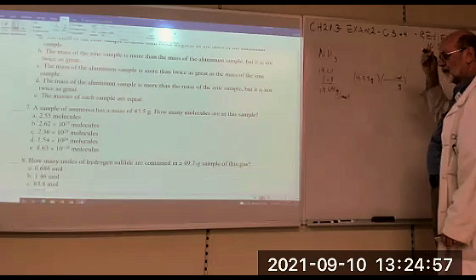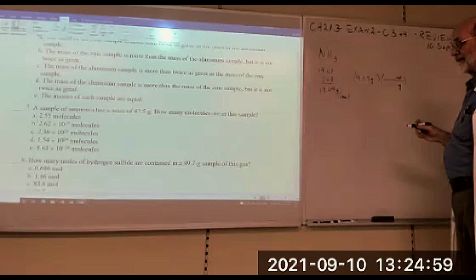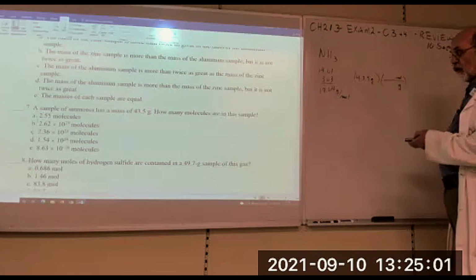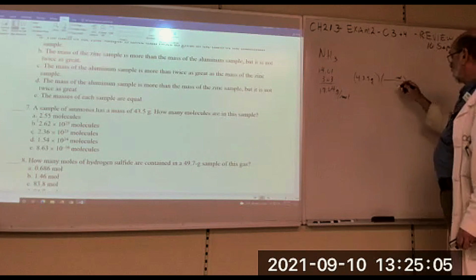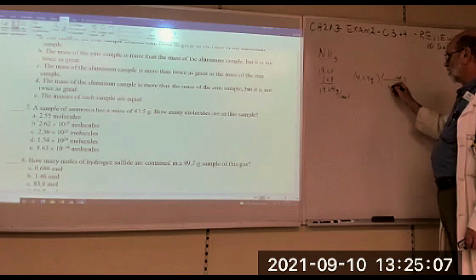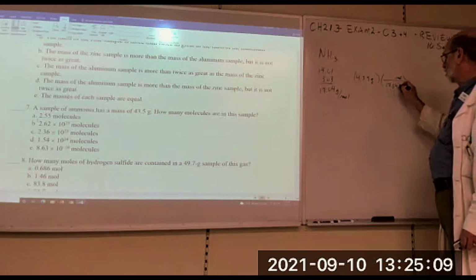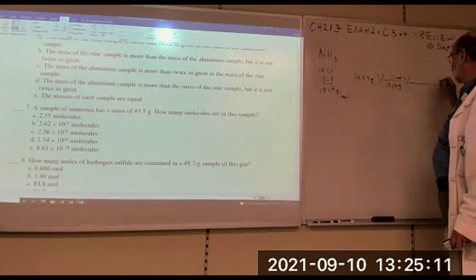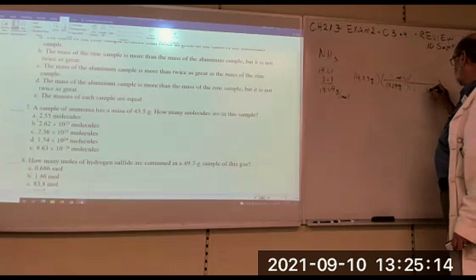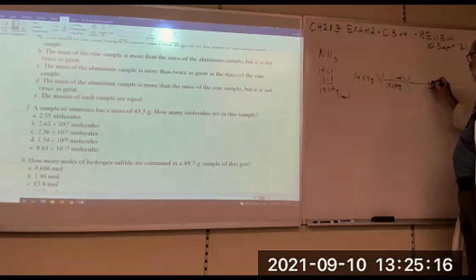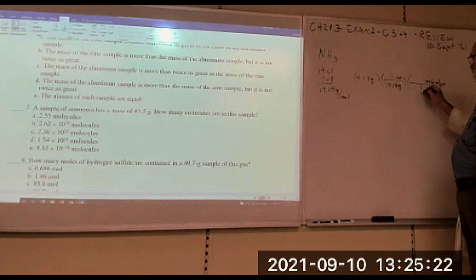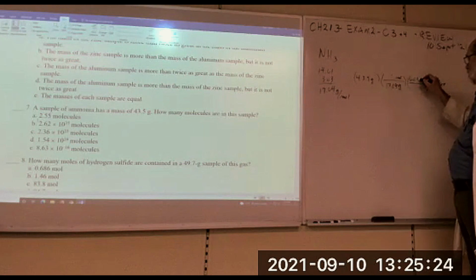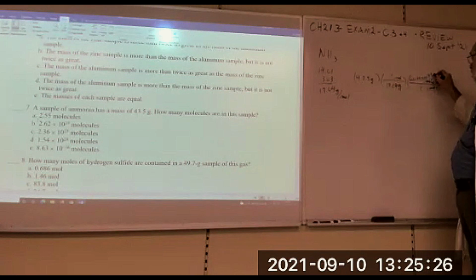And we need a conversion factor that will get rid of grams and leave us with moles, correct? How many molecules? Okay. So it's going to force us to use Avogadro's number, looks like. So grams per mole is 17 here, 1 there, and then we have to use Avogadro's to get rid of moles and leave us with molecules. 1 mole is 6.022 times 10 to the 23rd.